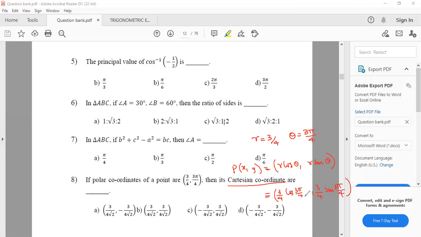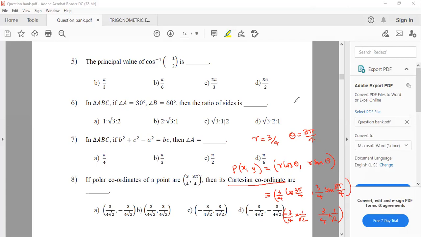I hope all of you know how to calculate the value of cos 3 pi by 4. It is negative 1 by root 2, and sin is positive 1 by root 2, because in the second quadrant, cos is negative and y, that is sin, is positive. Is it clear? All of you understood that?